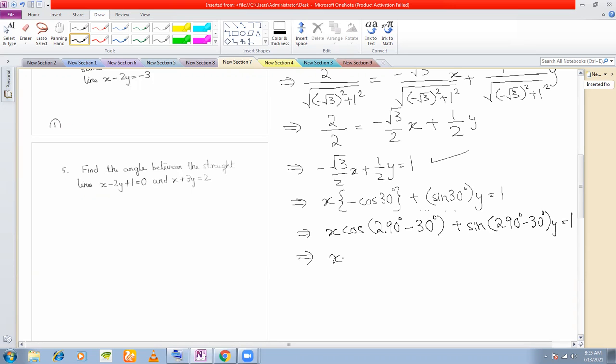That means x cos 150 degree plus y sine 150 degree is equal to 1. This is your required normal form.